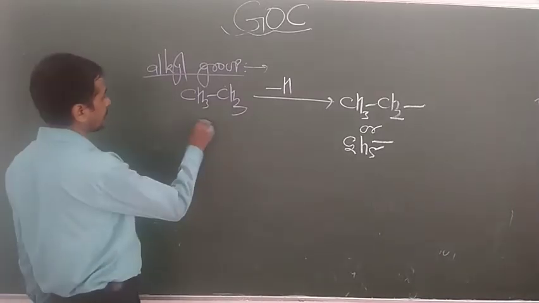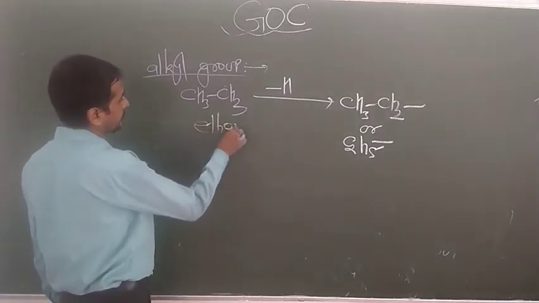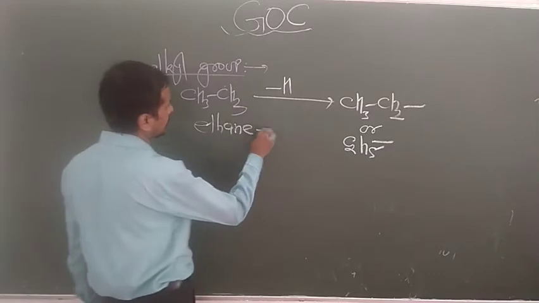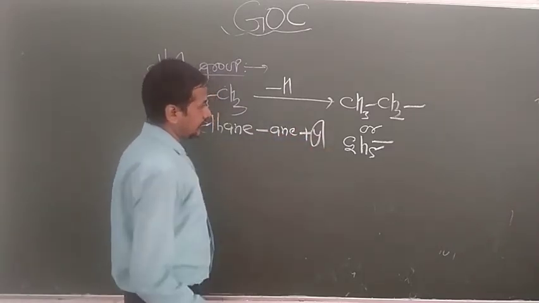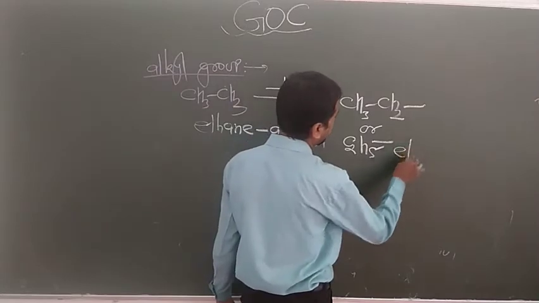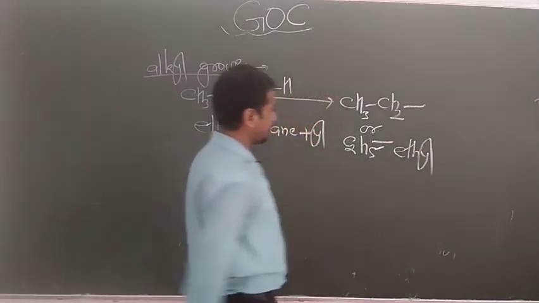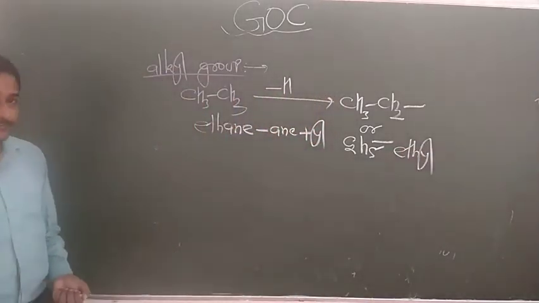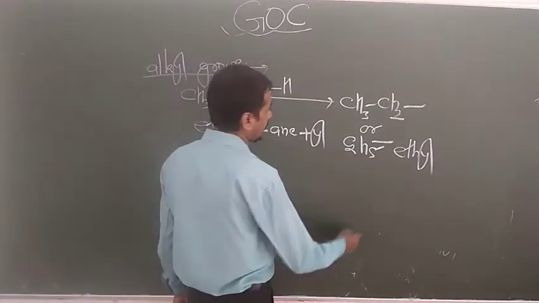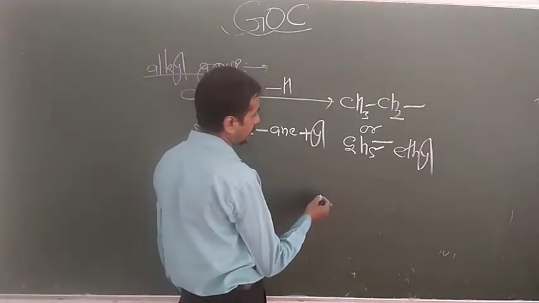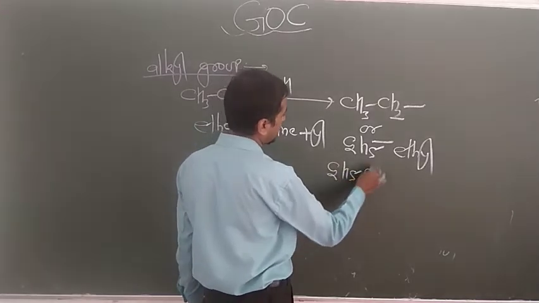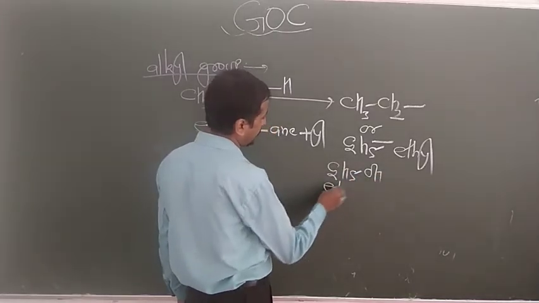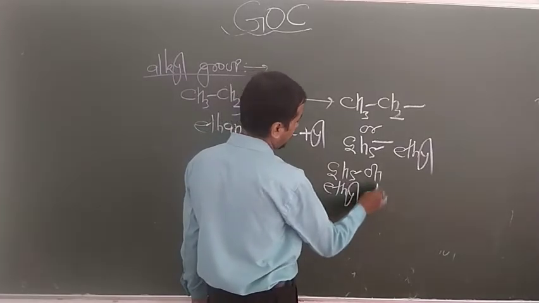Again this is ethane; remove ane and add yl, so now the group becomes ethyl. So one question may be: write the formula of ethyl alcohol. Like ethyl chloride, you can write C2H5 and add OH. Now this is the formula of ethyl alcohol.